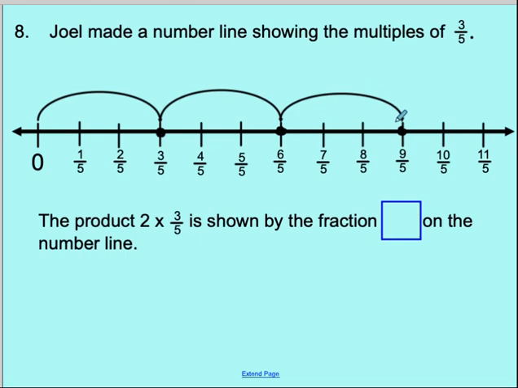It says the product of 2 times 3/5 is shown by the fraction blank on the number line. Okay, so this would be 1 times 3/5, and this would be 2 times 3/5, right? Because this is the second hop of 3/5. So the answer to that would be 6/5.